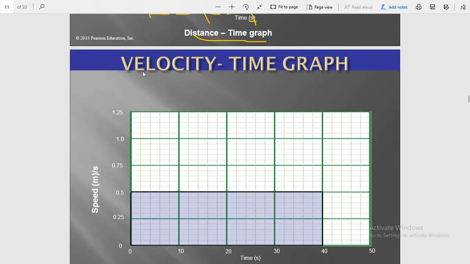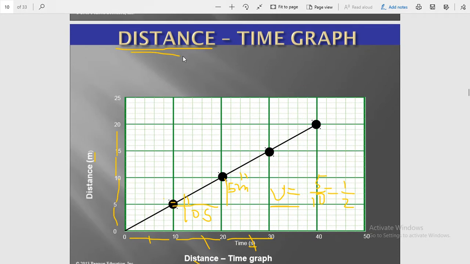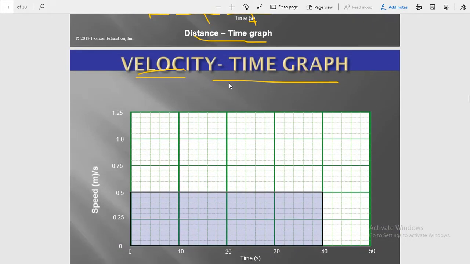Okay, now we are here at the velocity time graph. So this graph is distance time. Let me make it clear, so that you don't get any confusion. This one is a distance time graph, or it can be a displacement time graph. The nature of both graphs will be the same. If this distance is replaced by displacement, then also the graph will be the same. Okay, so this one is the distance time graph, but the next one is velocity time.